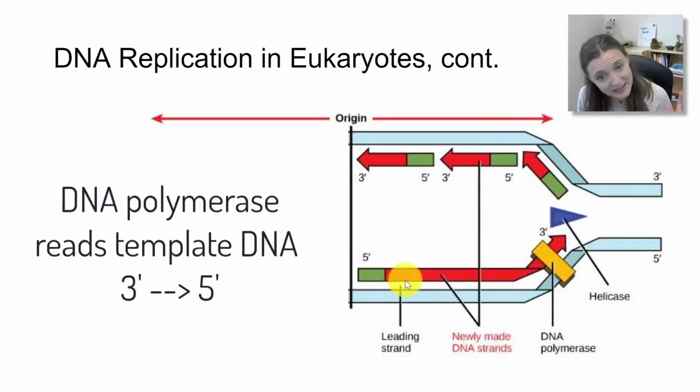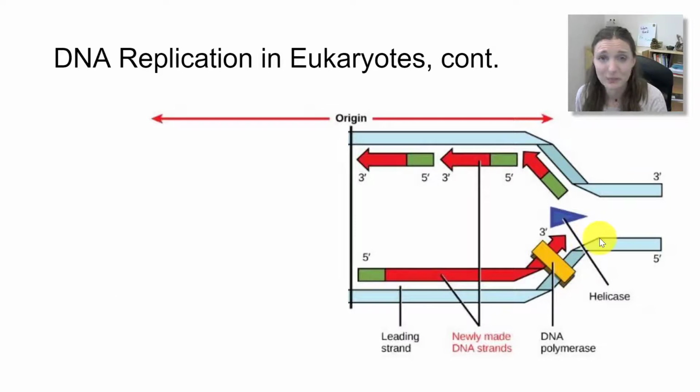So, because it is being synthesized in one continuous piece, on this strand right here, we say this is our leading strand, because it is synthesized much faster than this strand up here. So because DNA polymerase reads the old DNA moving 3' to 5', it can follow right behind DNA helicase and creates new DNA in one continuous strand.